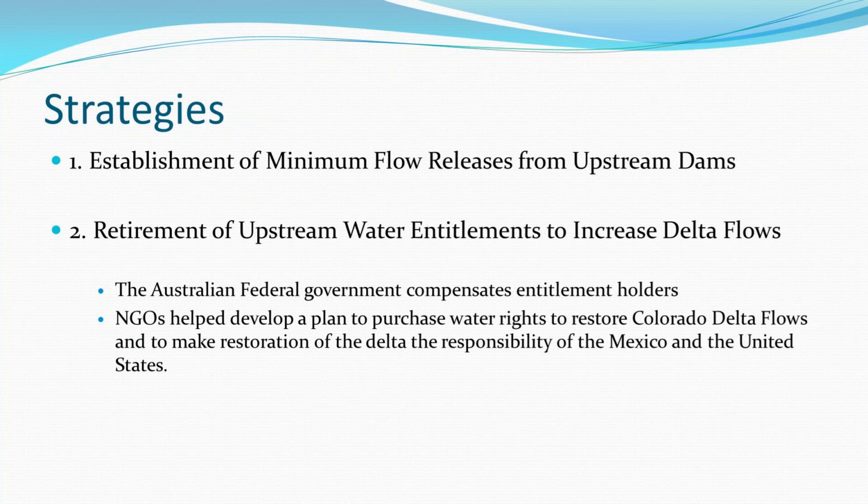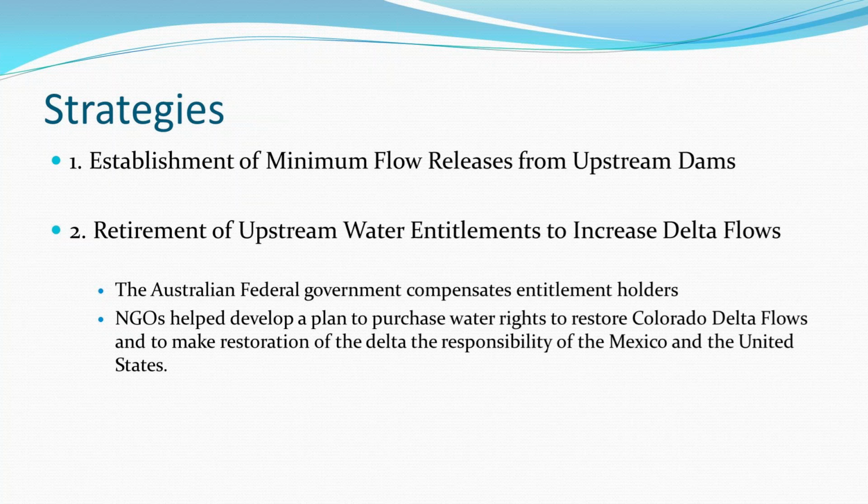Two examples of this. In Australia, the major river system is the Murray-Darling, and it flows into the Pacific Ocean near Adelaide. For a long time, upstream diversions have increased the salinity downstream and at the mouth.